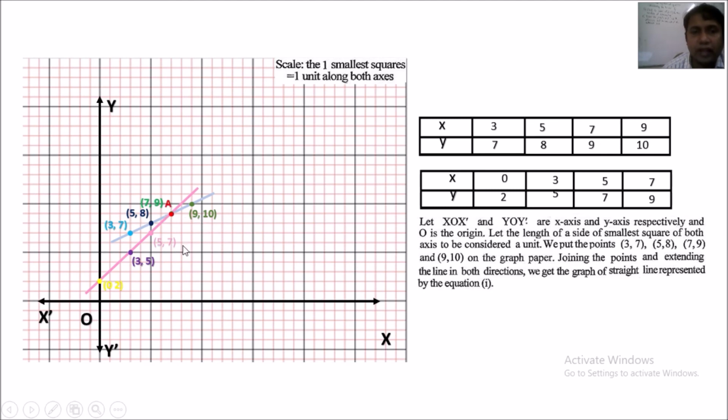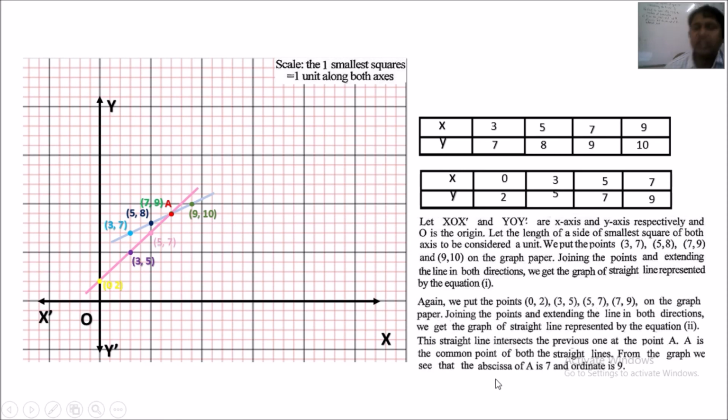So here is the point A. Again we put the points 0, 2, 3, 5, 5, 7, 7, 9 on the graph paper. Joining the points and extending the line in both directions, we get the graph of a straight line represented by the equation, same just like the first one.